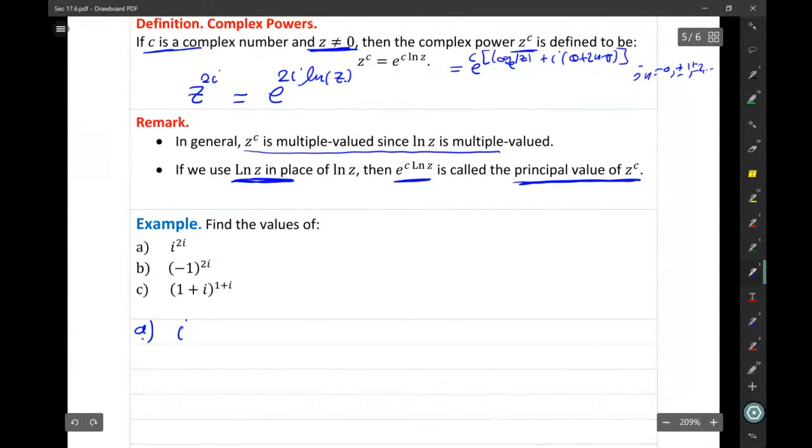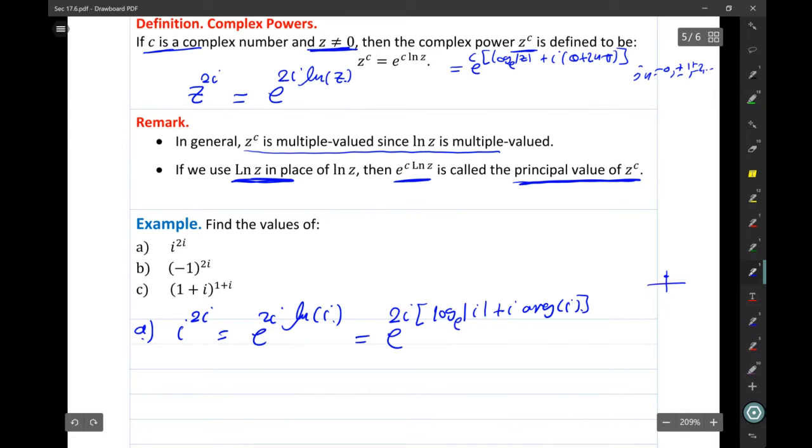Now i to the power 2i will be equal to e to the power 2i times ln i, which is equal to e to the power 2i times (logarithm of the absolute value of i with base e, plus i times the argument of i).